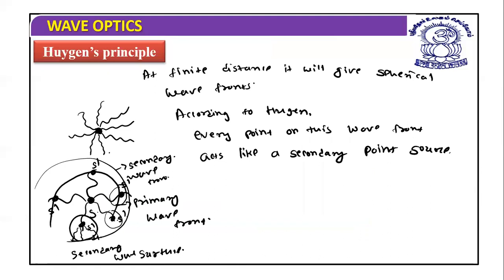Let us write it down. This point source behaves like a point source, which is effective only in forward direction.